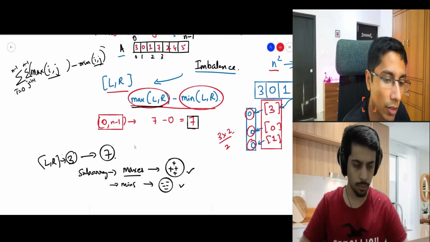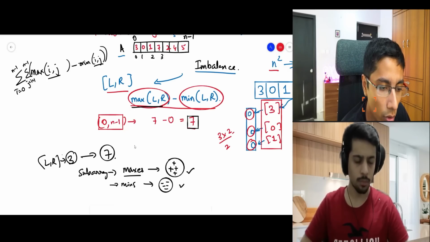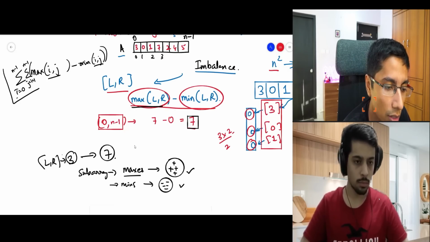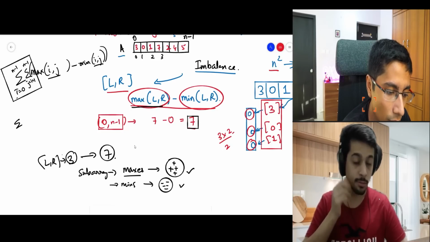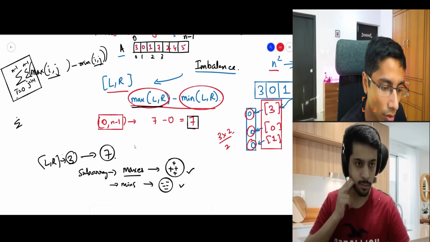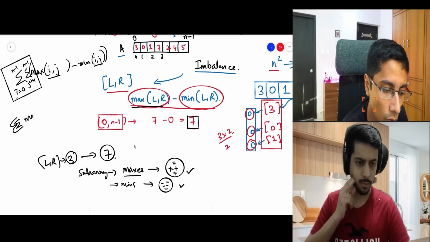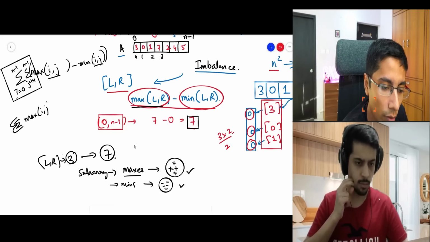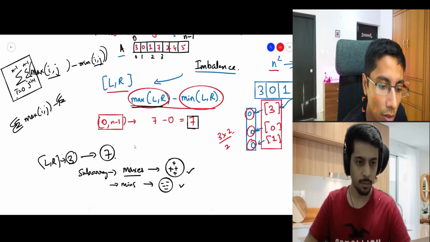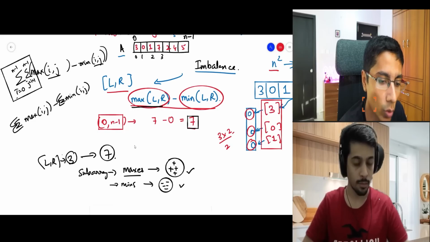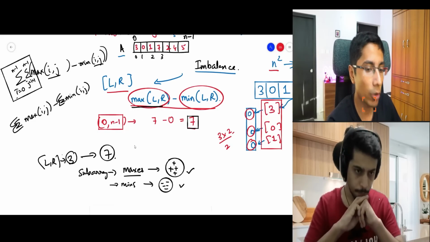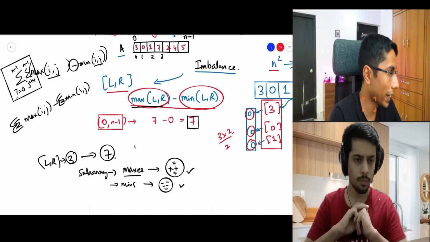So mathematically, if you pull this out, you can do the double summation outside, each of them. So if I just mark it as double summation of max of i comma j minus double summation of min of i comma j, this should work because we are doing a simple operation which is subtraction.